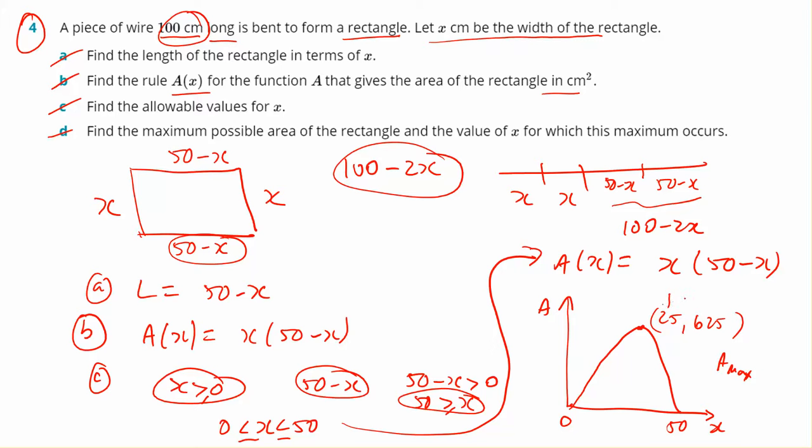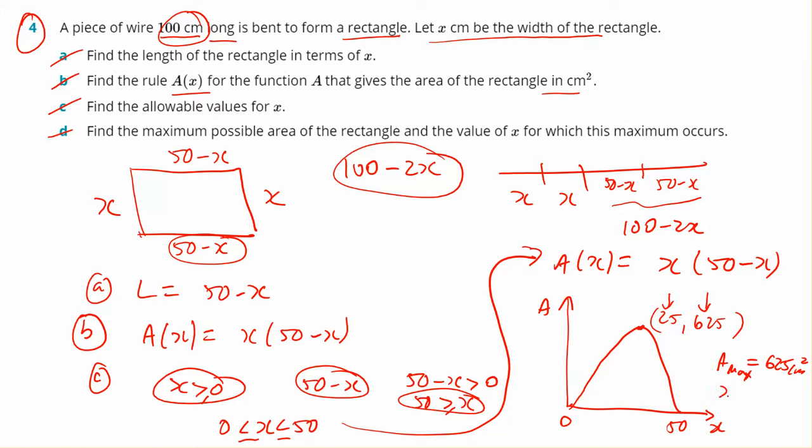What does the 25 stand for, and what does the 625 stand for? Look at the axes. Your x stands for the width, and your y stands for the area. So the maximum area occurs when the width is 25 centimeters, and the maximum possible area is 625 centimeters squared.